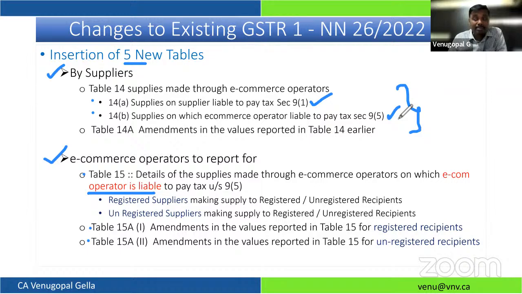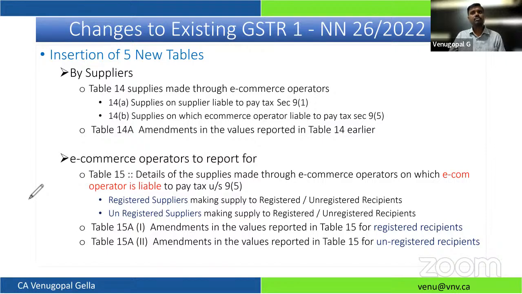But in table 15, please note, that is why I highlighted in red color, it is only where the e-commerce operator is liable to pay tax. What about the other supplies also made through the e-commerce operator? The e-commerce operator is already filing a GSTR-8 where he is doing 1% TCS on it. That information is already filed. What he is not filing is the supplies effected through him on which he is liable to pay the taxes, which was merged elsewhere. Now that has been brought in separately for reporting purposes.